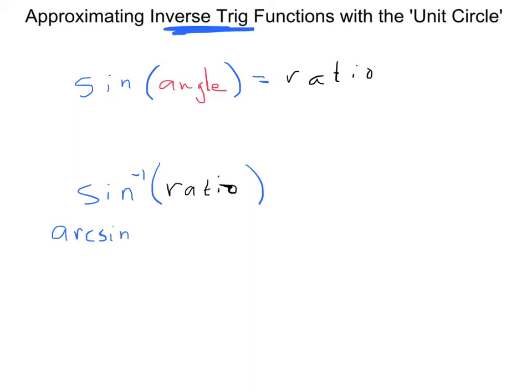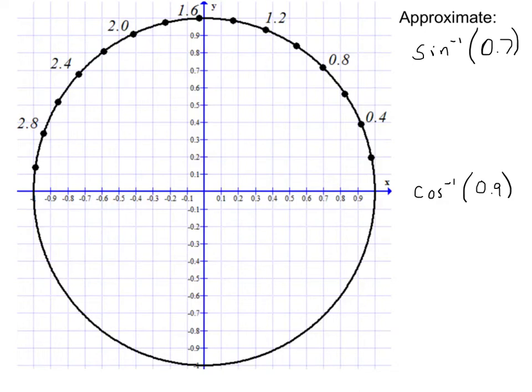This time they're giving you the ratio and are instead asking, what is the angle that would yield that ratio in the sine function? So please understand, when you're doing inverse sine, they are giving you a numerical value that you're working with, and you're coming up with the angle that's supposed to give you that. And we're going to talk about how we estimate this using the unit circle.